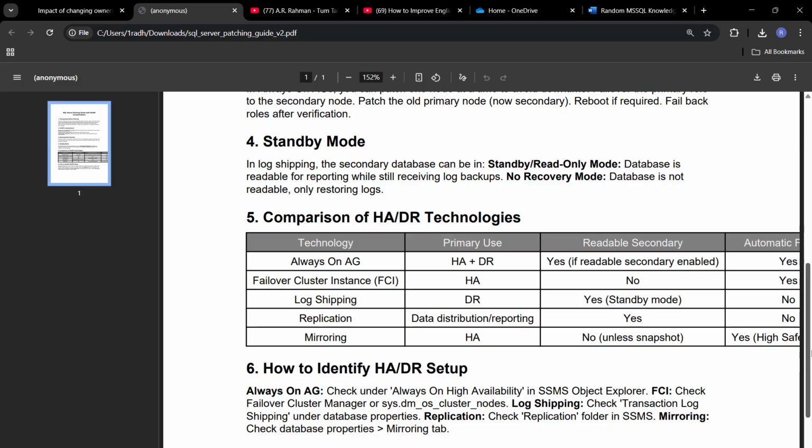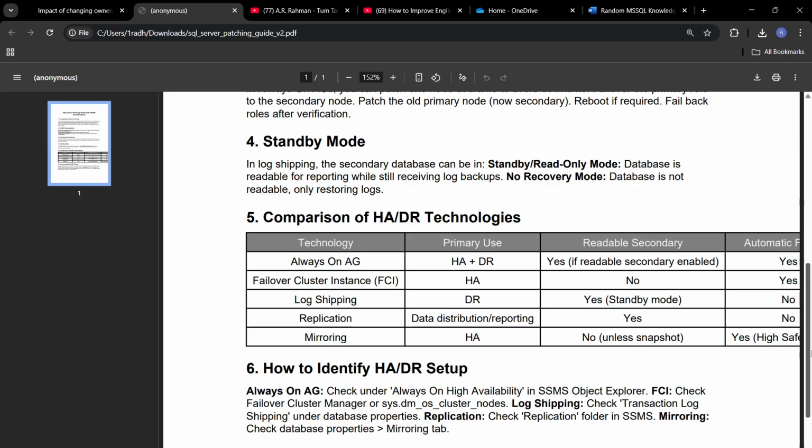So how do you understand whether the server is a high availability server, or whether log shipping or mirroring is enabled? First, on all the servers you need to check the Always On availability group. In SSMS Object Explorer, there is an Always On option. You need to go there and expand that, and if it is not able to expand, then it means Always On is not enabled.